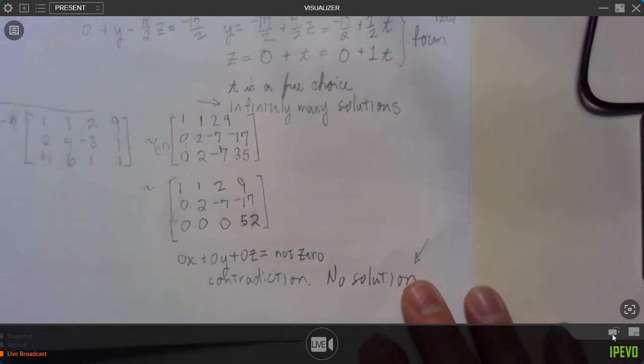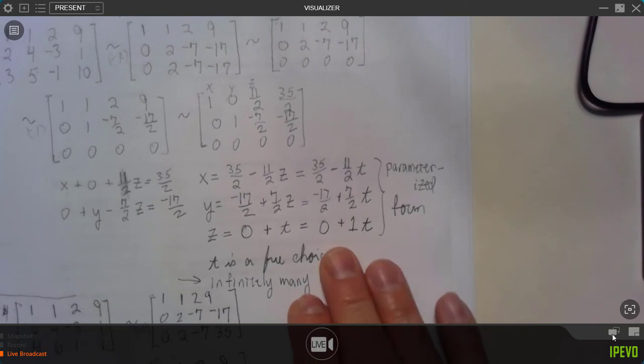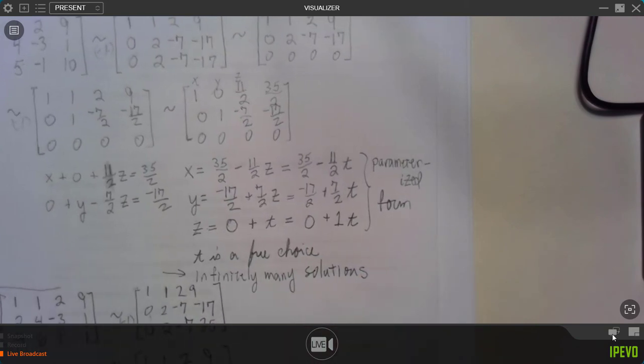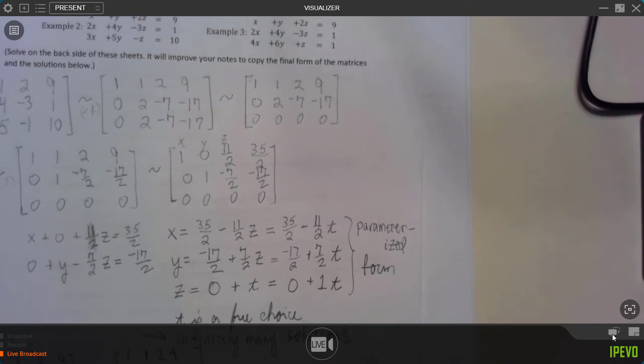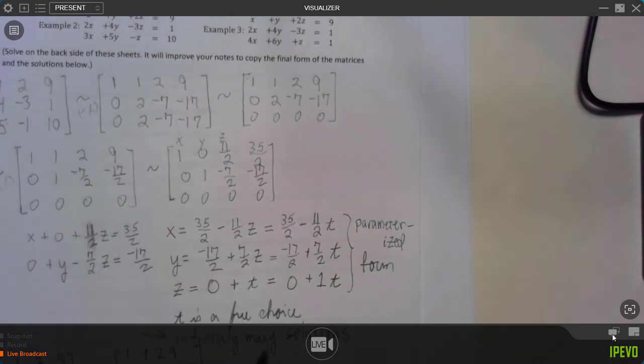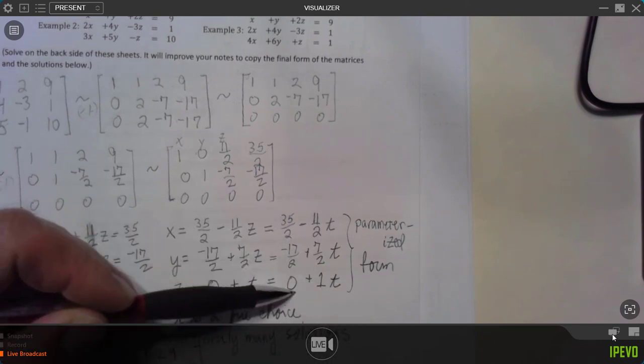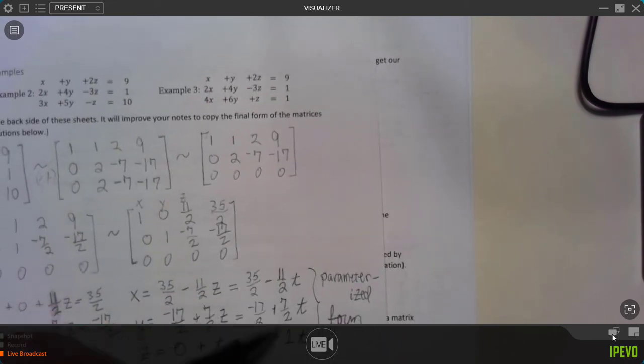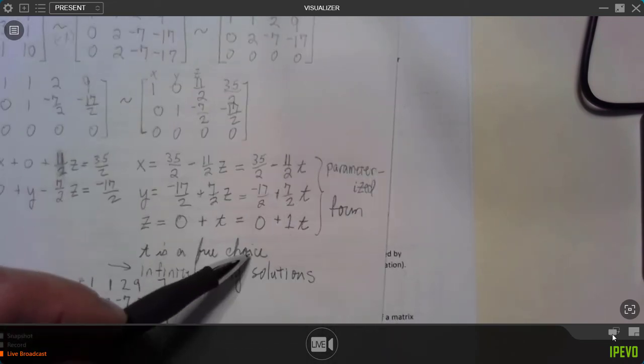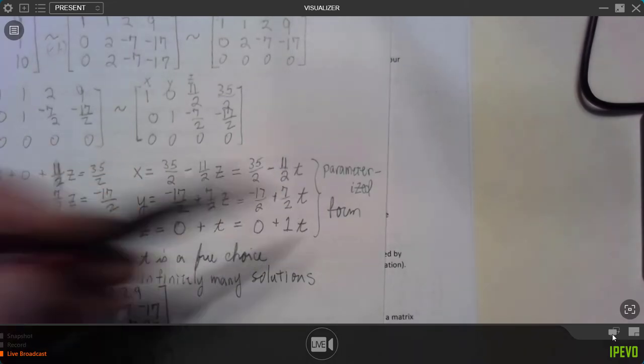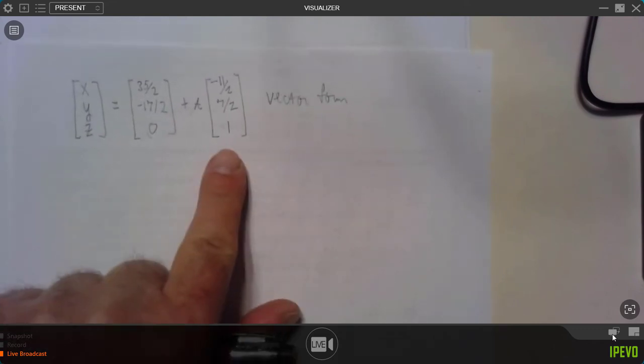But being able to translate this parameterized form to the vector form really is important. And if you look, all I'm doing is, if I get things lined up properly in here, then it's really quite easy to do. This is the constant vector, which occurs here. And this is the vector of coefficients on t, which occurs here.